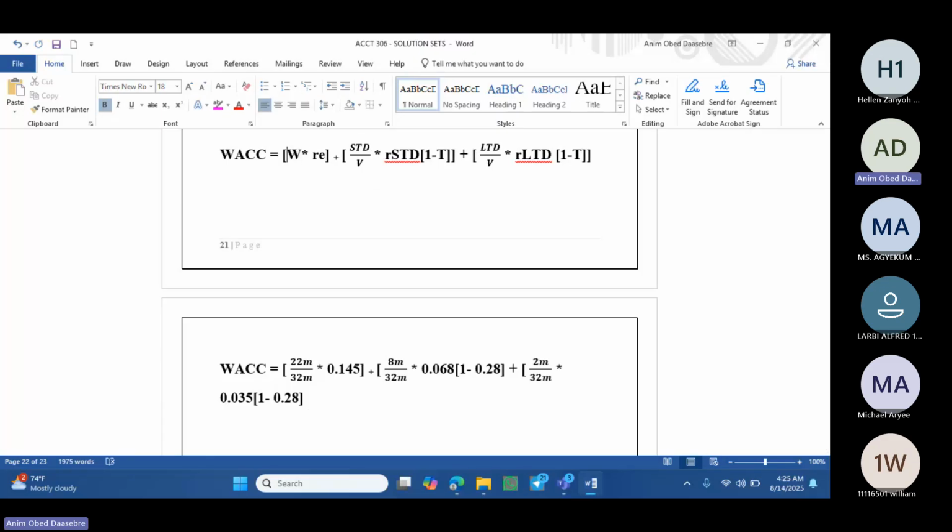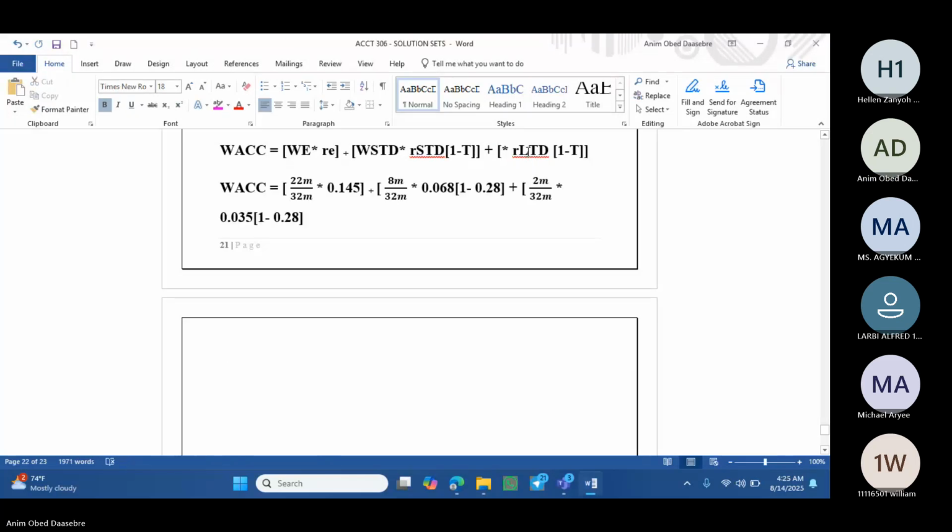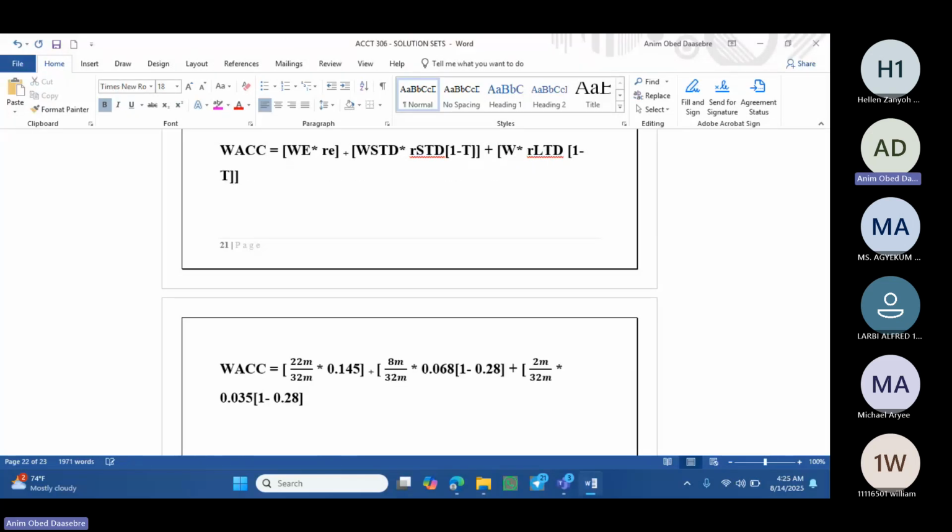So let me do it WE. All these things, we are going to replace them by their weight of short term debt. All these things, weight of long term debt. Right? Yeah.